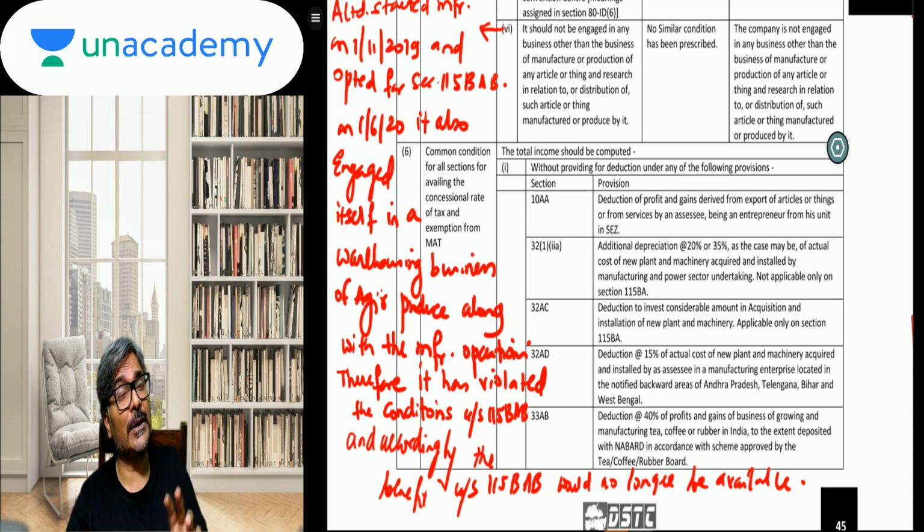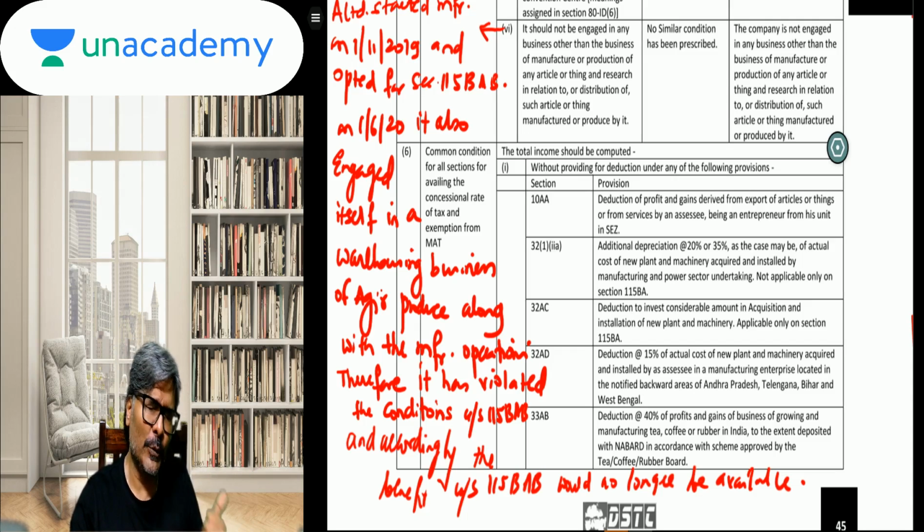That is to say, it does not lay down which kind of business activity the domestic company should engage in. So those level of criteria or specification doesn't exist.